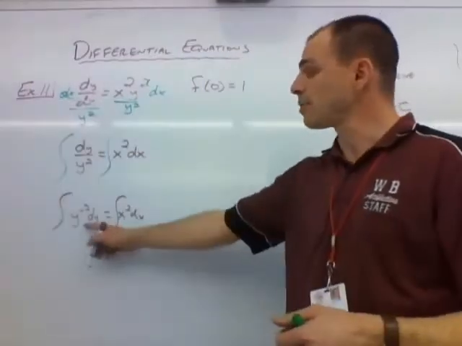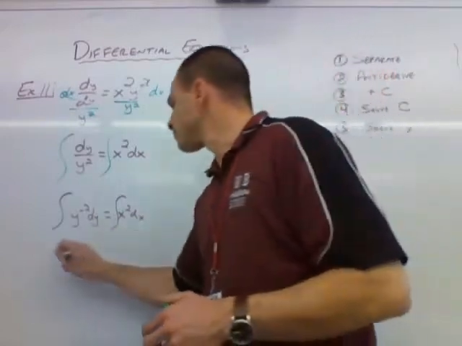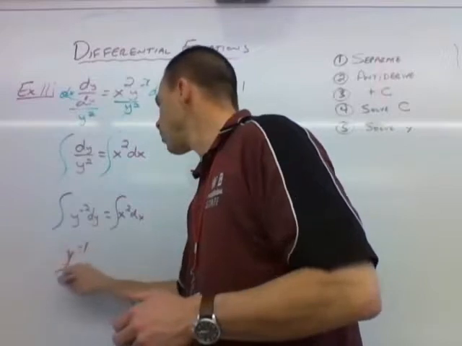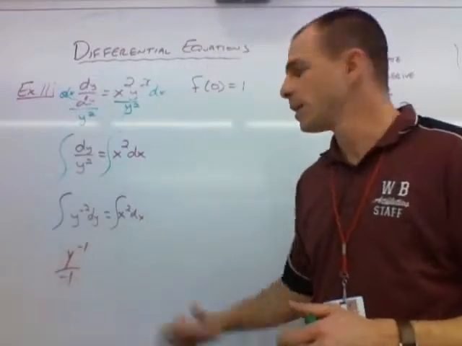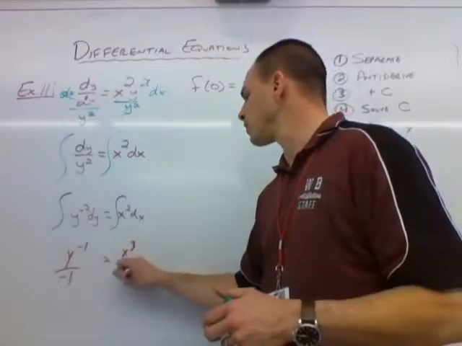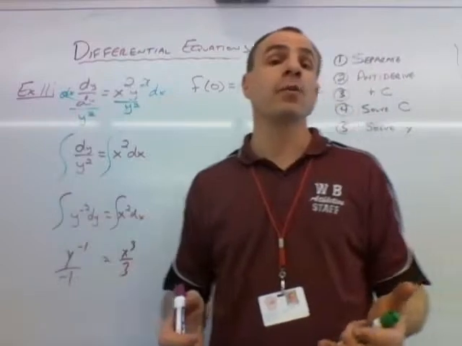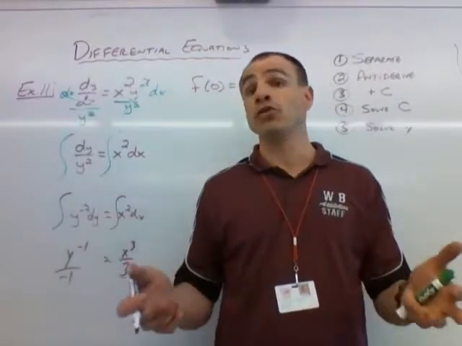Now when we antiderive this, we're just doing a reverse power rule. So we're going to add 1 to the exponent. We have y to the negative 1 over negative 1. And over here, when we add 1 to the exponent, we have x cubed over 3. So we've antiderived both sides, and if you do that correctly on the exam, you will earn 1 or 2 more points.